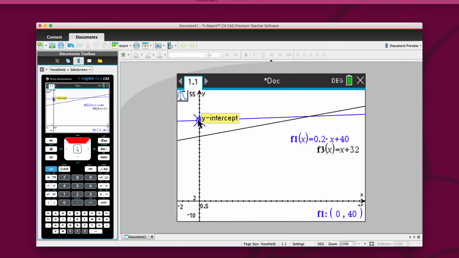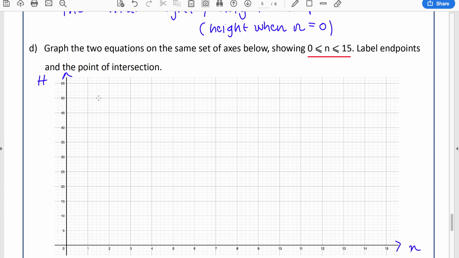So I'll just mark them in first. 0, 40 and 0, 32, like so. Now I'll do the point of intersection last because I'll get these end points first. Then I can just draw the two graphs and the point of intersection will be there.